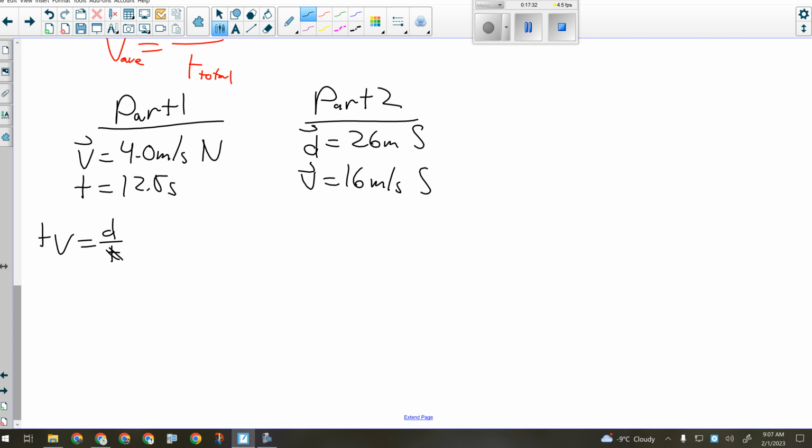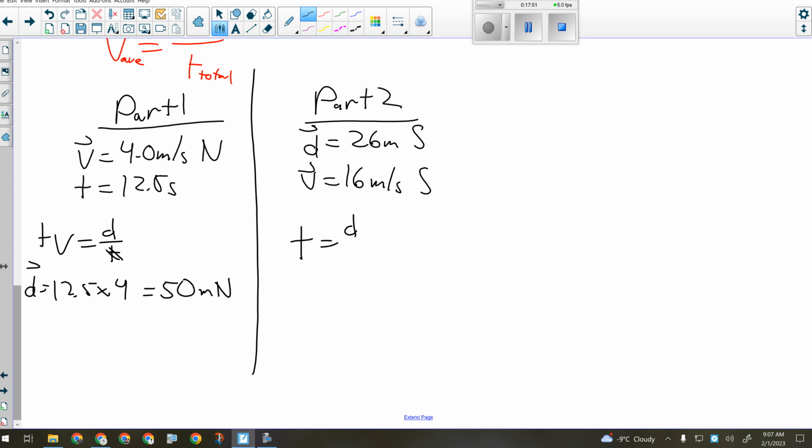That'll be 12.5 times 4, which should be 50. 50 meters north. So now I've got my displacement for part 1. I want to find the time for part 2, so I manipulate. I get t equals d over v, so 26 divided by 16. Sorry, forgot to fire up my calculator.